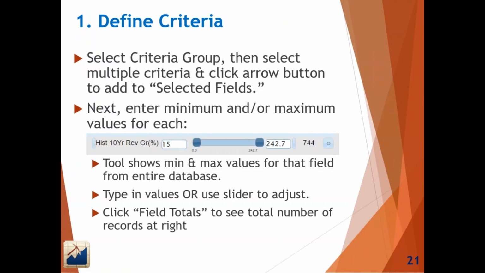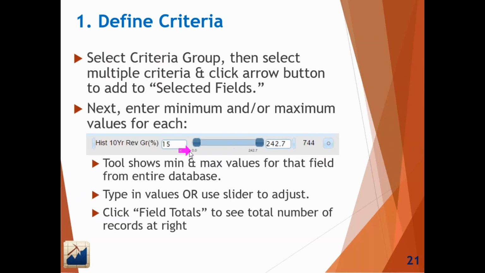This gets to be a little complicated to use, but the idea is we've got a field here for the minimum value you're looking for, and over here there's a field for the maximum value. We've also got down below, you can see the minimum values of all companies in the database for that field, and the maximum value. So this is 10-year historic revenue growth rate.